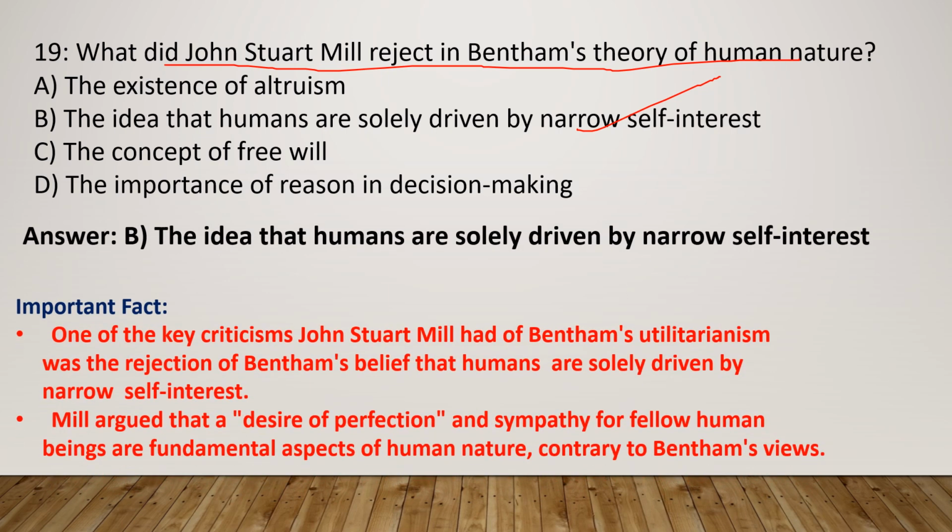One of the key criticisms John Stuart Mill had of Bentham's utilitarianism was the rejection of Bentham's belief that humans are solely driven by narrow self-interest. Mill argued that a desire of perfection and sympathy for fellow human beings are fundamental aspects of human nature, contrary to Bentham's views.